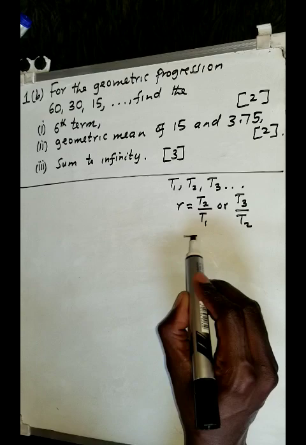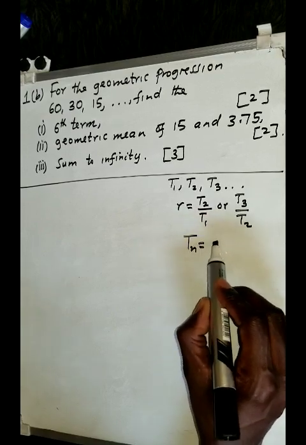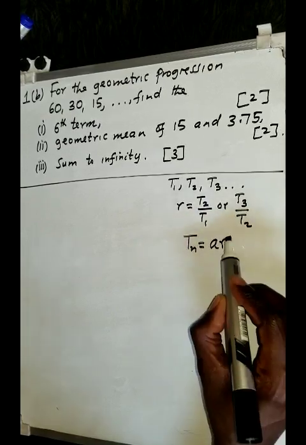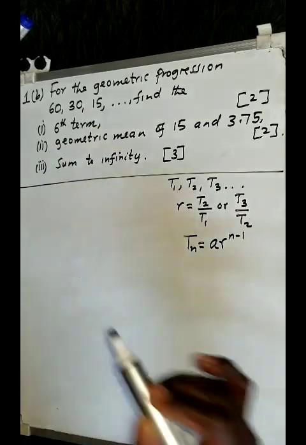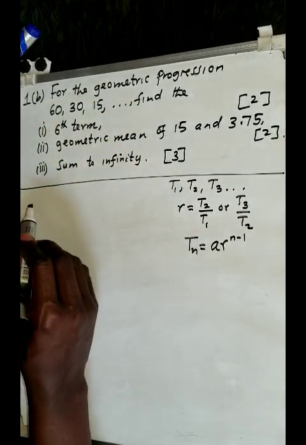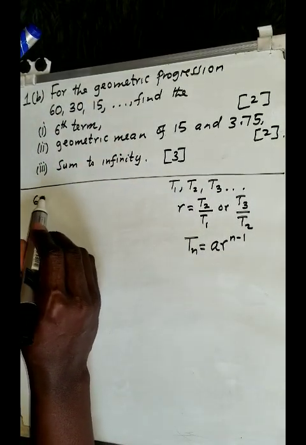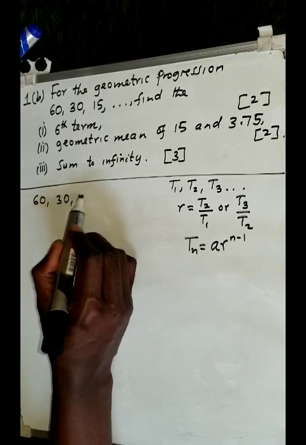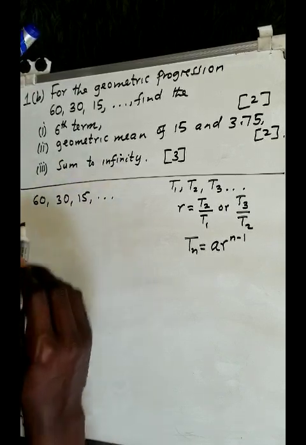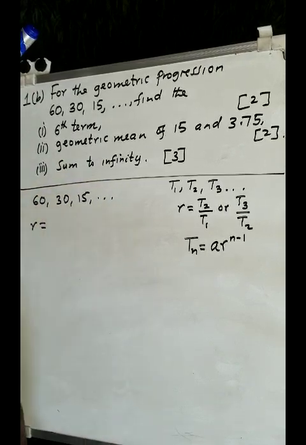Then the general formula, if you remember, is Tn equals the first term times the common ratio raised to n minus 1, so you shouldn't forget that. For the sequence 60, 30, 15, we can find the common ratio, that is part b Roman 1.